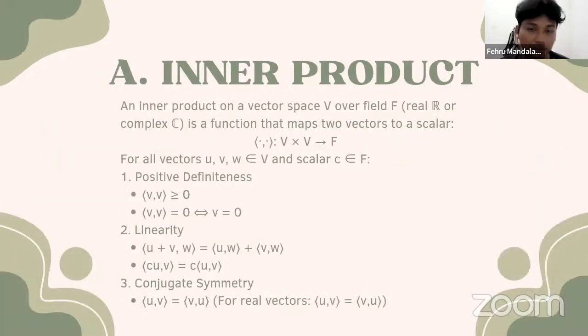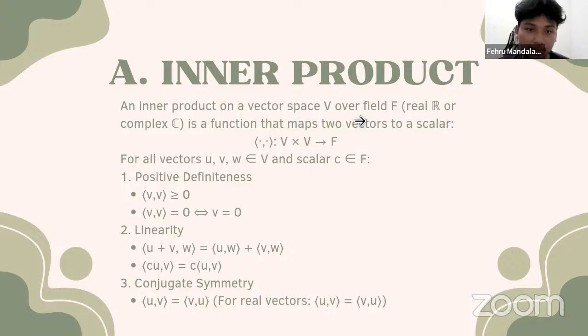Okay, let me explain the definition of inner product. Basically, an inner product on a vector space V over field F, real R or complex, is a function that maps two vectors to a scalar, defined by V times V maps to the field F. For the axioms, for vectors u, v, and w, elements of V, and the scalar c, an element of field F, we have three axioms.